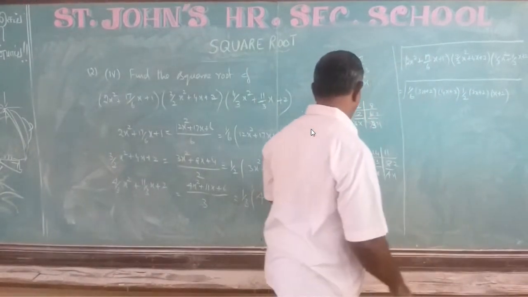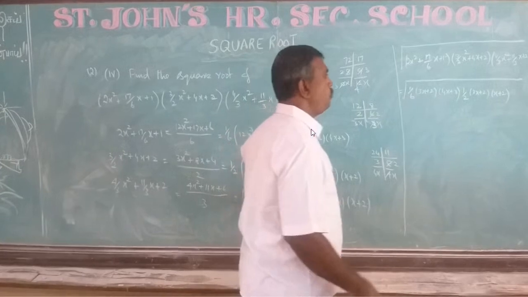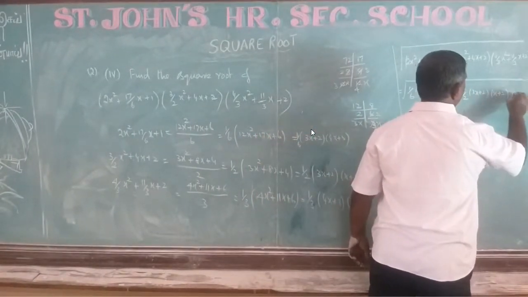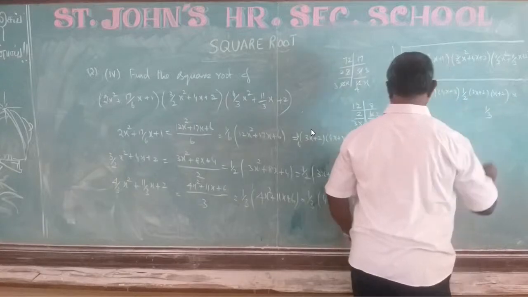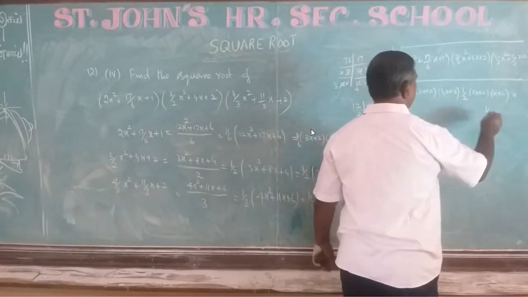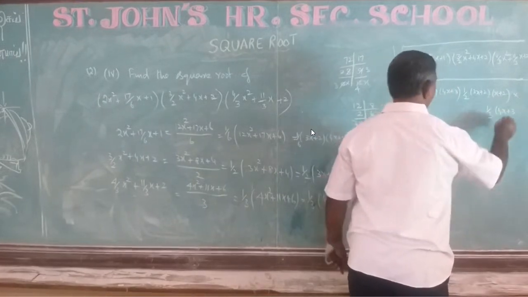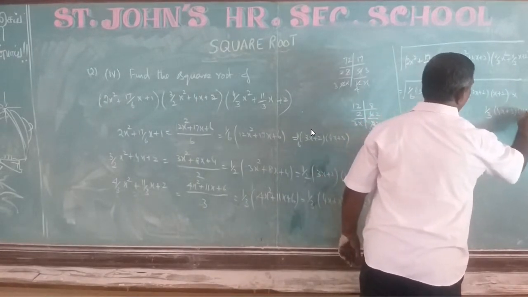The third value is 1 by 3 into (4x plus 3) into (x plus 2).